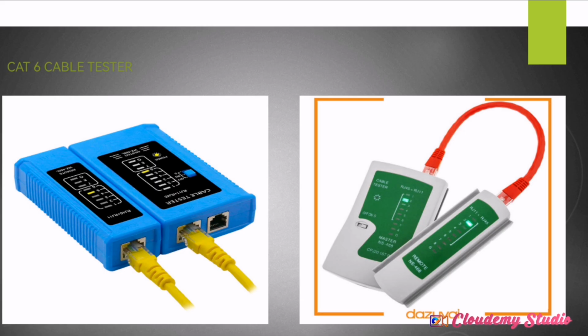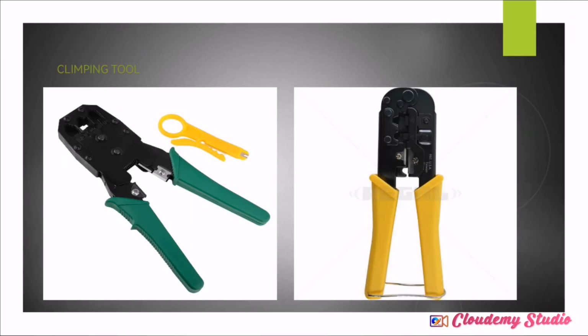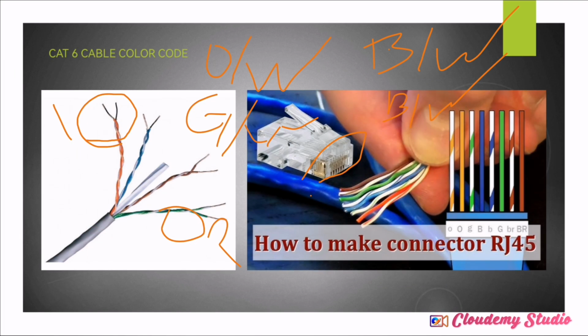If I can take you back to the color code, for instance, orange white is 1, then orange is 2, then green white is 3, then blue is 4, then blue white is 5, then green is 6, then brown white is 7, then brown is 8.